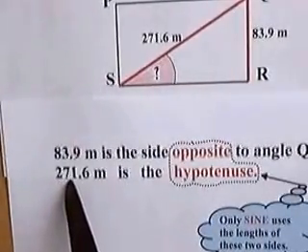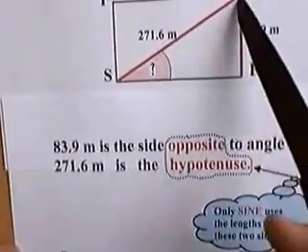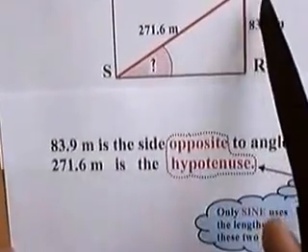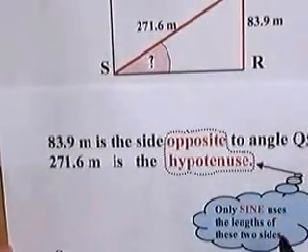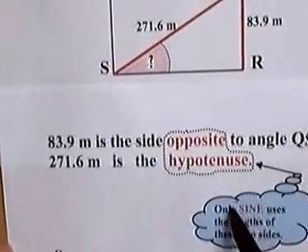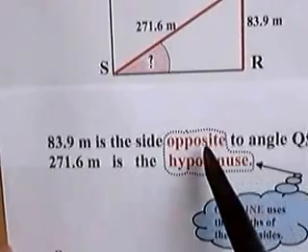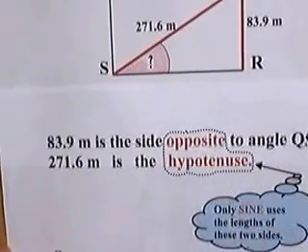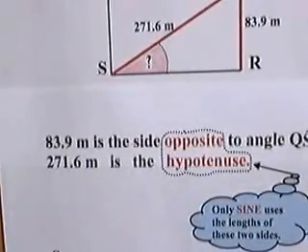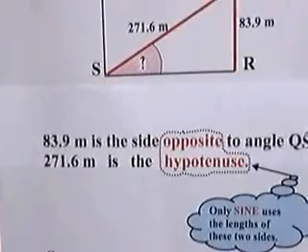There it is. That is opposite the angle. And the 271.6 is the length of the hypotenuse. Okay? The longest side. And only sine uses the lengths of these two sides.